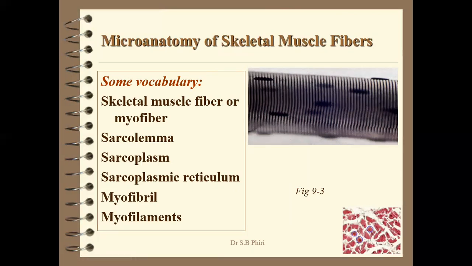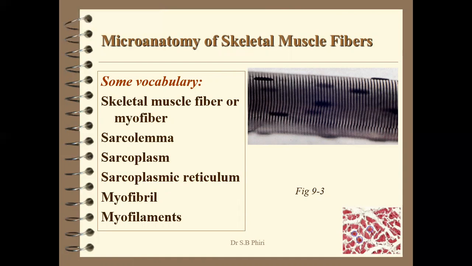Then the endoplasmic reticulum in muscles is called the sarcoplasmic reticulum. Then you have the myofilaments, like the cytoskeleton that is found in other cells. In the muscles, they are referred to as the myofilaments.